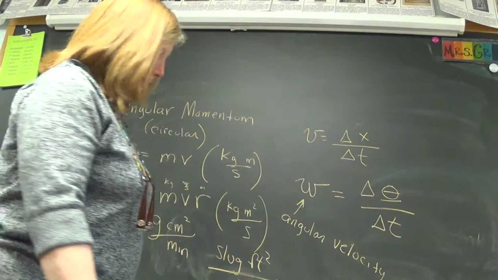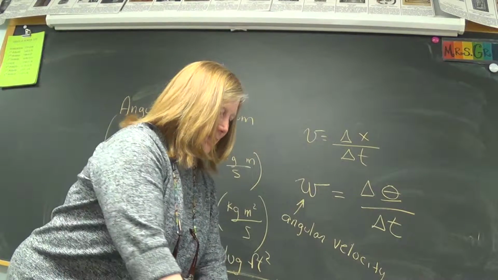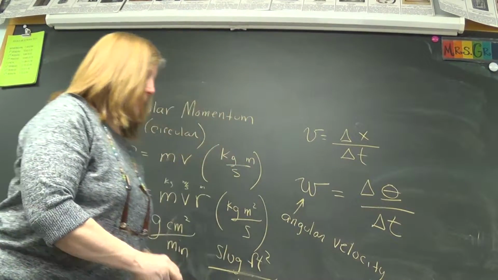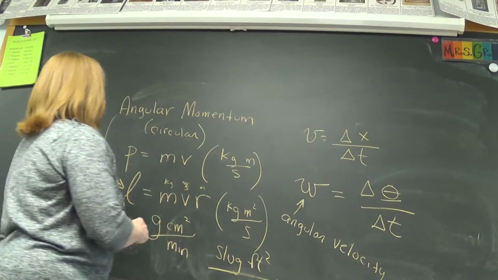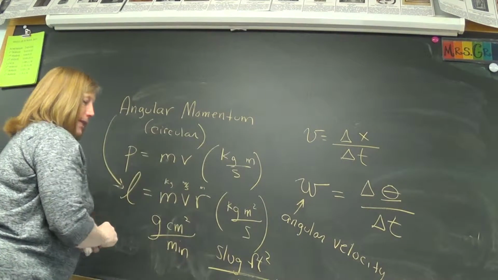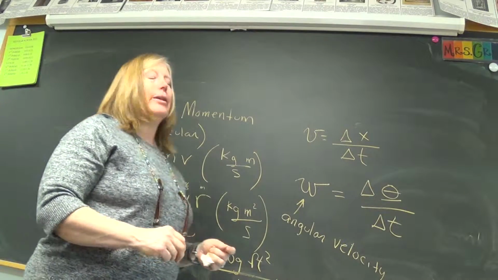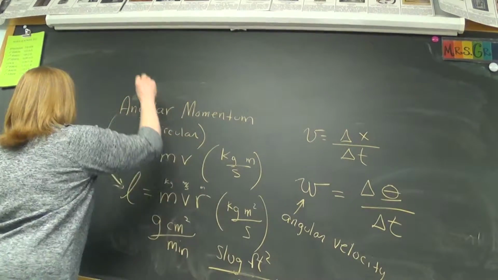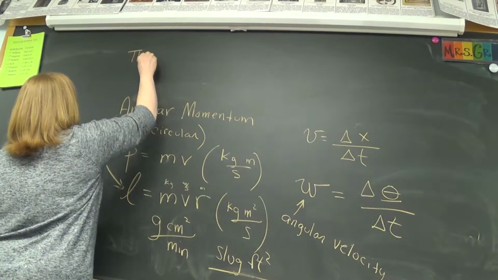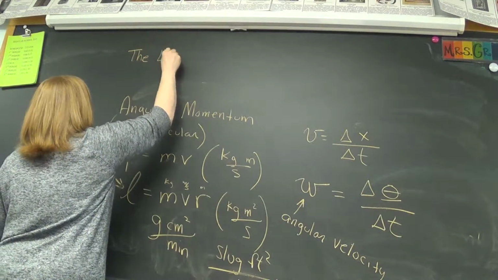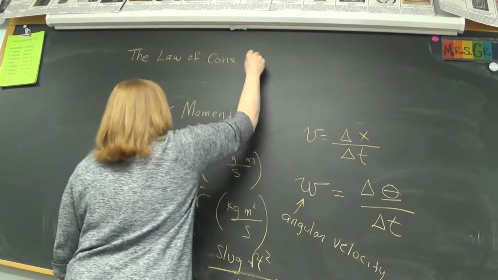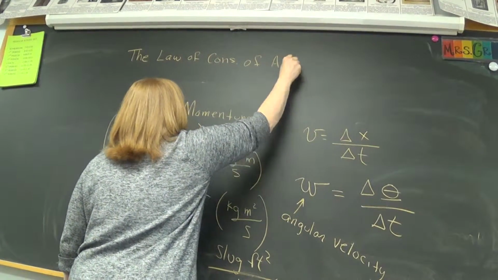Got it? Alright. Let's go ahead then and do a discussion and a problem, and that's it for angular momentum. The thing that you need to know is the law of conservation of angular momentum. We already did the one for regular momentum.